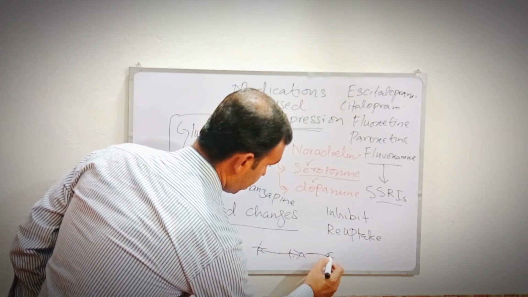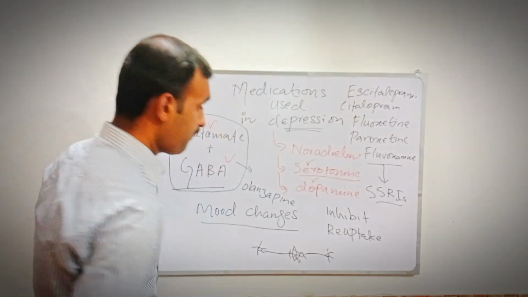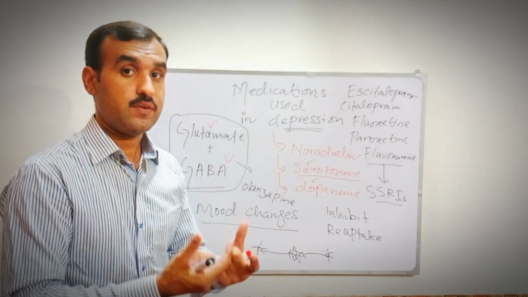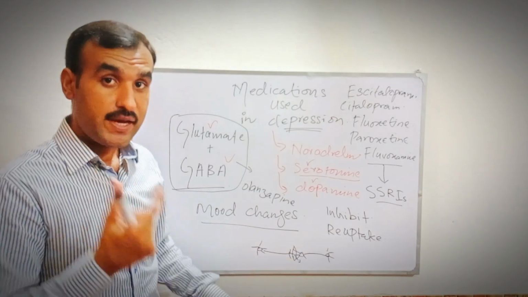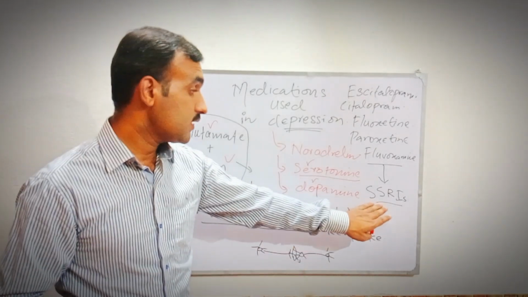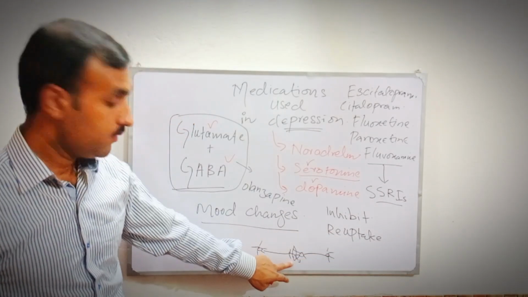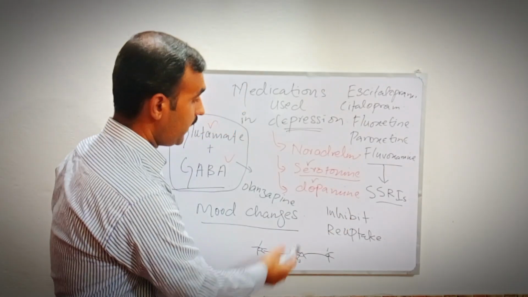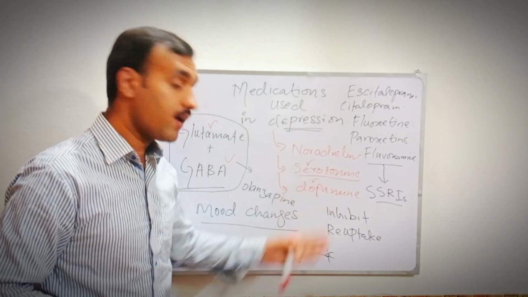In between this gap junction, the serotonin is produced, performs its function, and is reuptaken by the neurons. The main mechanism of action of this medicine is performed here at this junction. These medicines come here and block the reuptake mechanism of these chemicals.